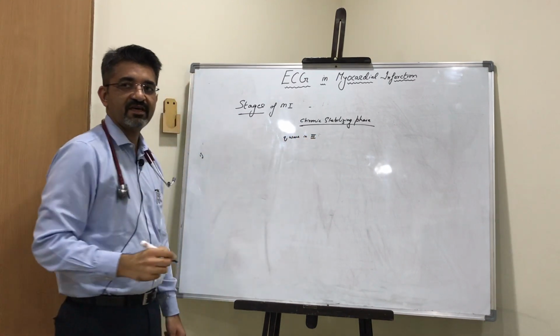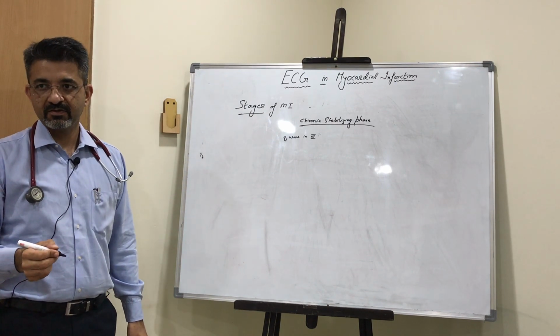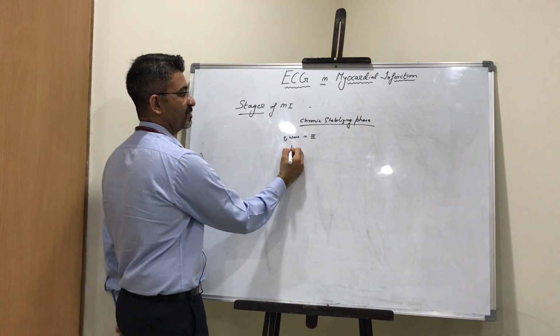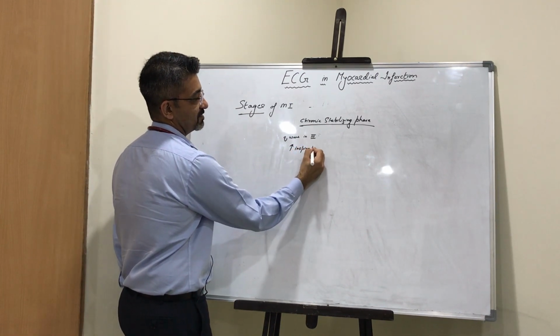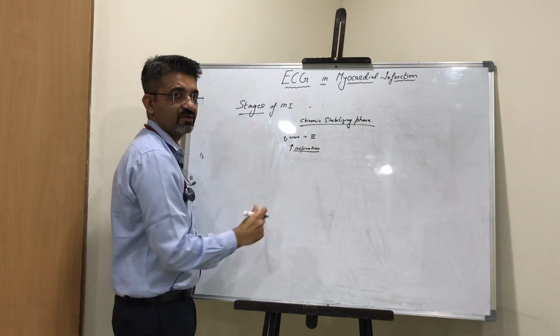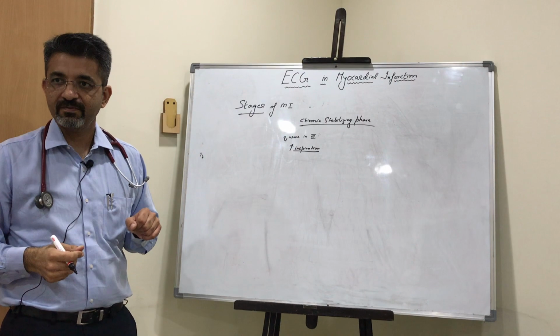Mind you, a Q wave can be normally found in lead 3, which goes by deep inspiration. Once you take a deep inspiration, your Q wave gets abolished because of the slight rotation of the axis of the wave, right?